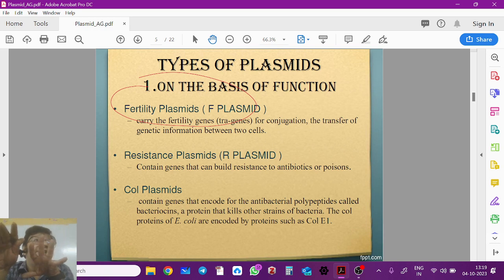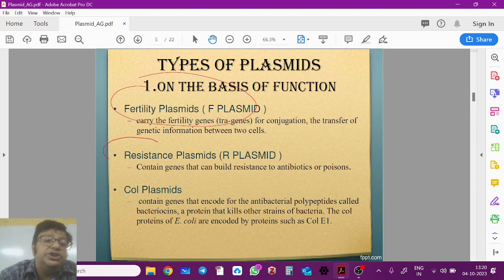This paramecium is a eukaryote. Similarly this happens with bacteria also. If two opposite strain bacteria come side by side, they form a conjugation tube known as pili, and DNA is exchanged through it from one bacteria to the other. So some plasmids are fertility plasmids. They contain genes known as TRA genes, which are necessary for conjugation, and they are useful in transferring genetic information from one bacteria to another.